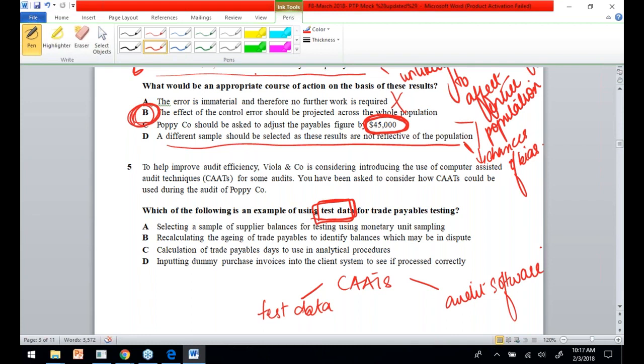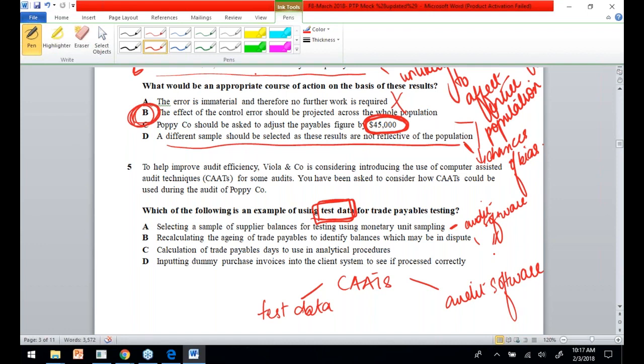Now, if you look at the first option, selecting a sample of supplier balances for testing using monetary unit sampling, that is an example of audit software, which is used to help the auditor in choosing a sample, filtering information, sorting information, or recalculating figures. Recalculating the aging of trade payables to identify balances which may be in dispute, that is also an example of audit software.